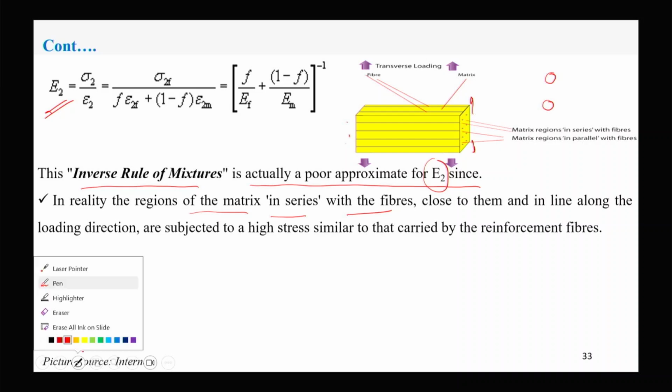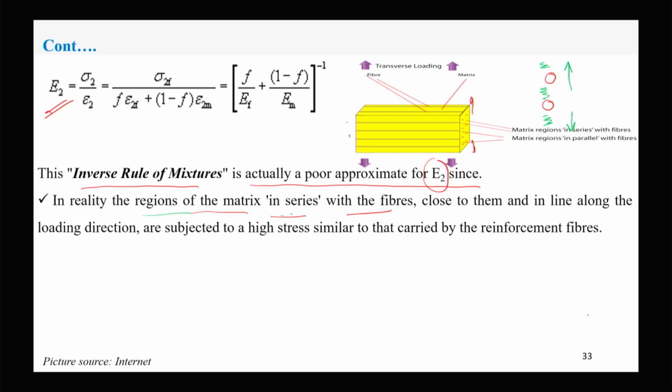Now the matrix, we can draw the matrix with the green color, these are the matrix, and the loading is done in this direction, in the transverse direction. So the region of matrix in series with the fiber close to them and lying along the loading direction are subjected to high stress similar to that carried by the reinforcement.